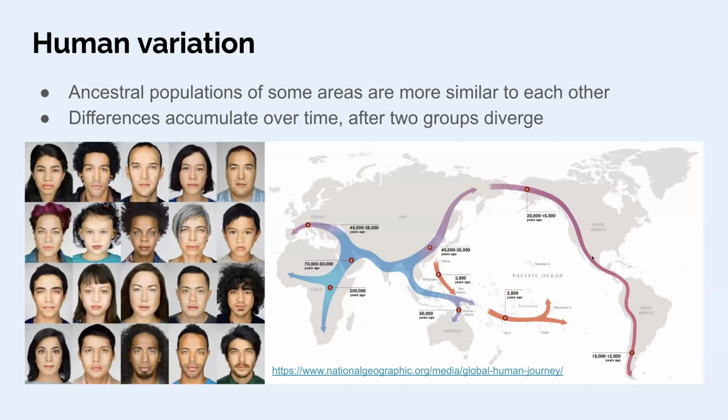And another part of that is that individuals from ancestral populations that are closer together in time, say the people who stayed in North America as Native Americans, are genetically pretty similar to the individuals who made it to South America as Native South Americans. And those individuals are more similar genetically to each other than either of them would be to somebody in Europe, Asia, Africa, etc.